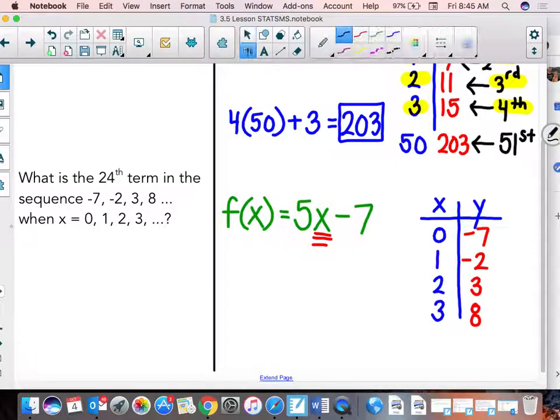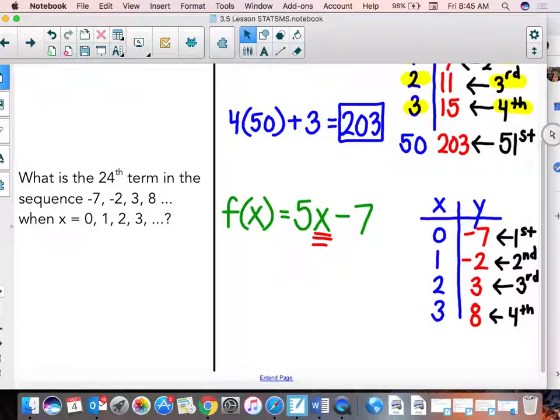So remember, the first term of our sequence was -7. The second term is -2. The third term is 3. The fourth term is 8.